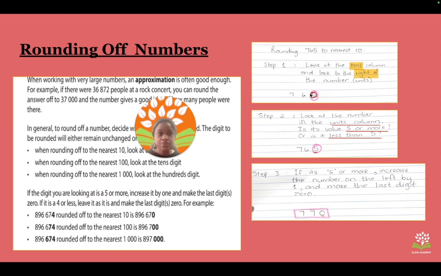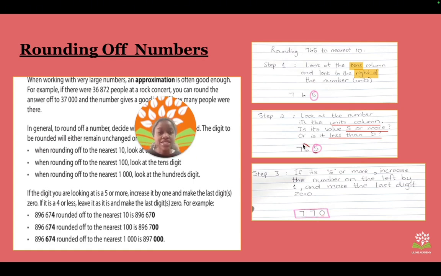Does that make sense? So look at the number in the units column. Is its value 5 or more, or is it less than 5? It's 5 or more. So what do we do? If it's 5 or more, increase the number on the left by 1. So we're increasing this number right here because remember, we're rounding off to the nearest 10. So we have to look at the tens column and then look to the right, and then we're changing everything in the tens column because we're rounding off to the nearest 10.